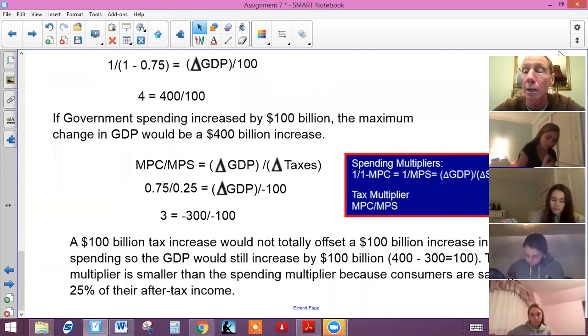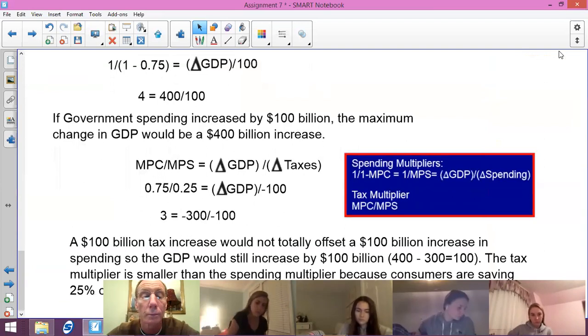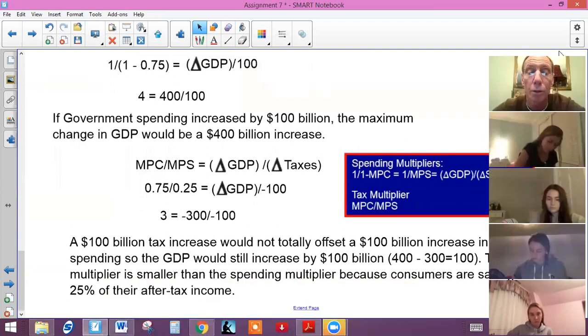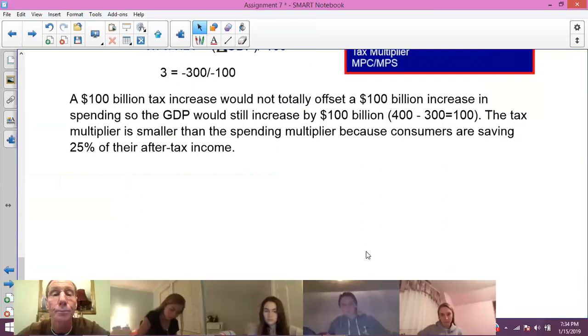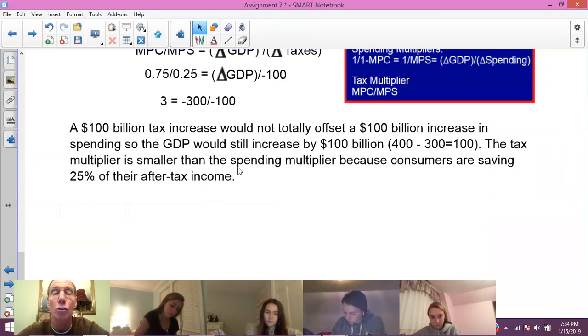Which means that a $100 billion tax increase would not totally offset a $100 billion increase in spending.